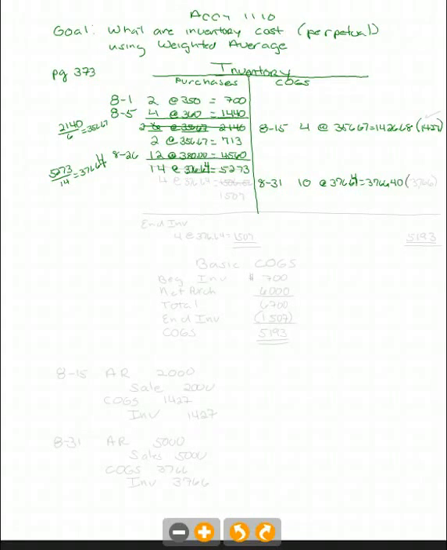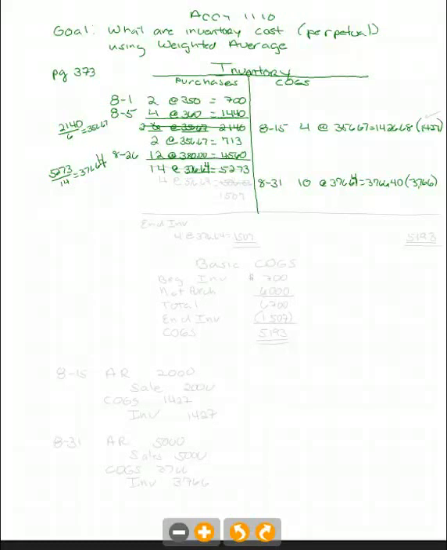Then we had net purchases: a purchase on August 5th of 4 units for $1,440, and a purchase on August 26th of $4,560. Together that totals $6,000.